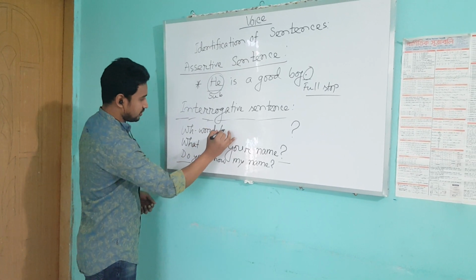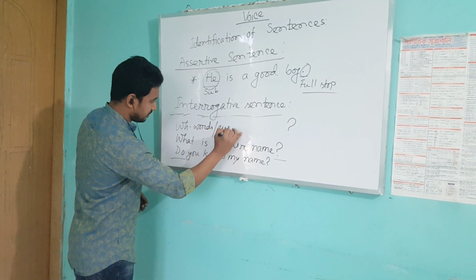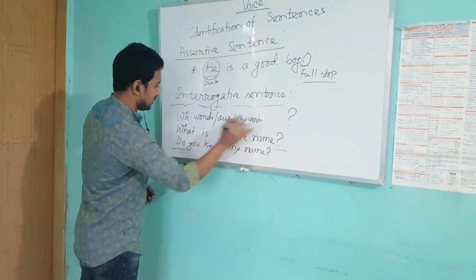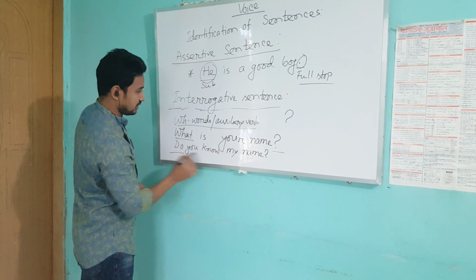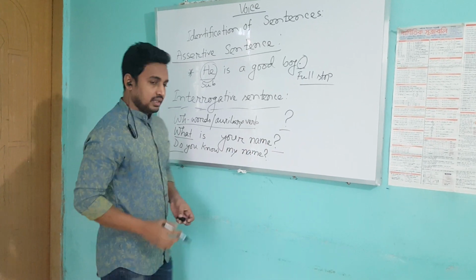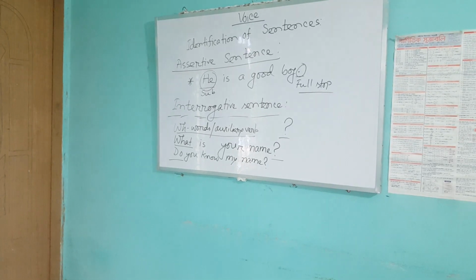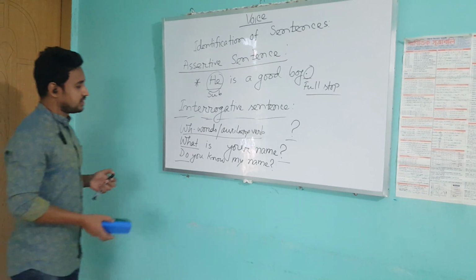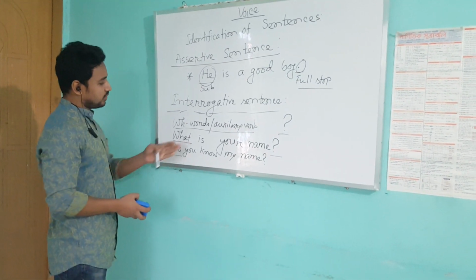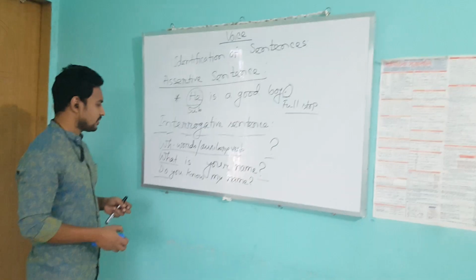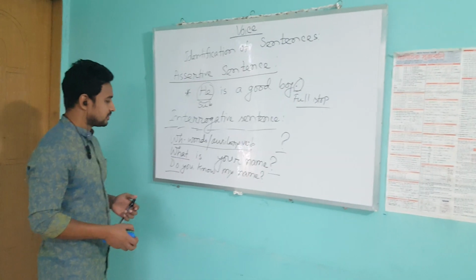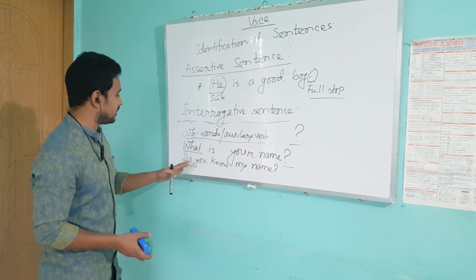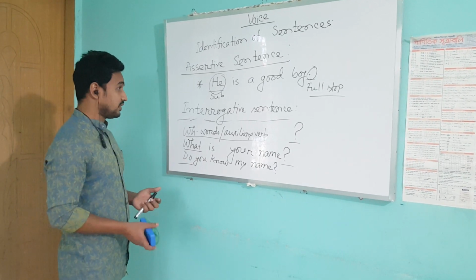So WH word or auxiliary verb at the beginning and question mark at the end. So actually this is a very easy way. And another thing is important. After a WH word we get an auxiliary verb, and when we form without a WH word we put the auxiliary verb at the beginning.